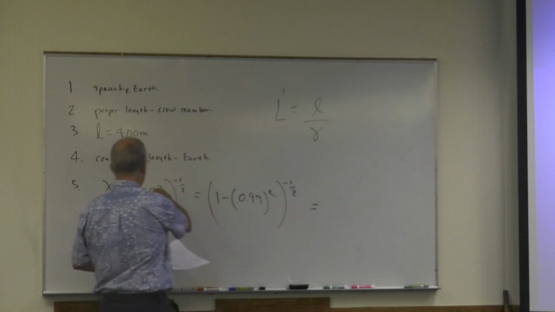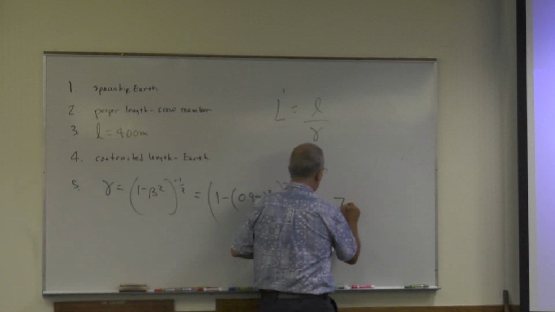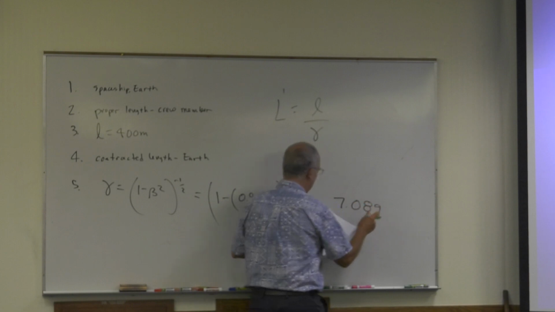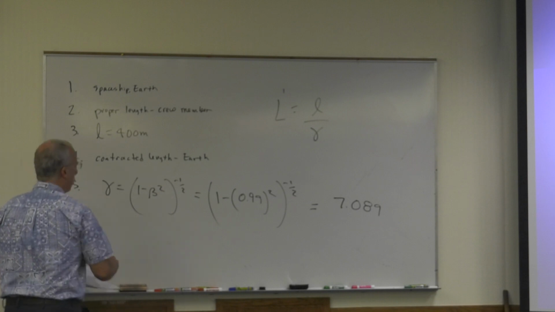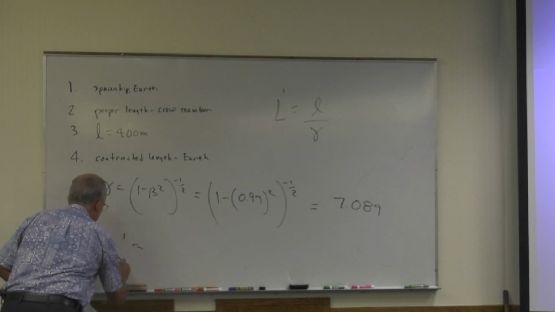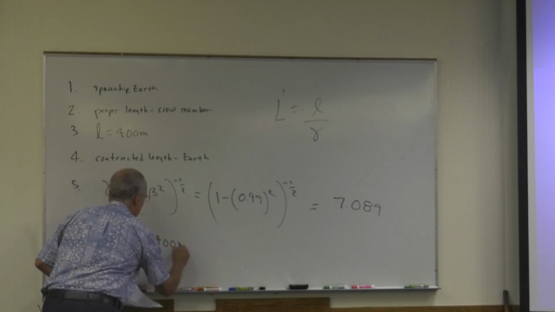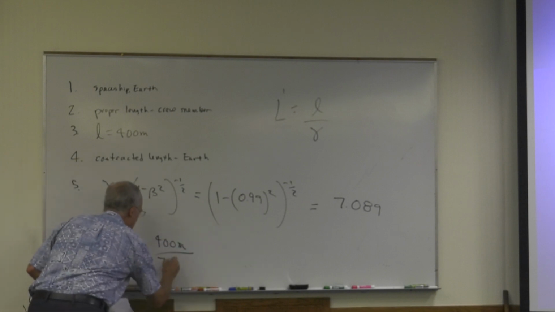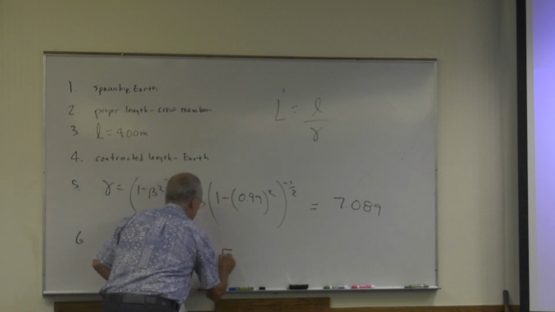Don't forget you got to square it, right? And that comes out to be 7.089. So therefore, the contracted length, L prime, is 400 meters divided by gamma, and that's 56.4.